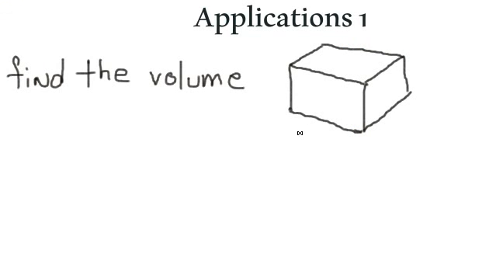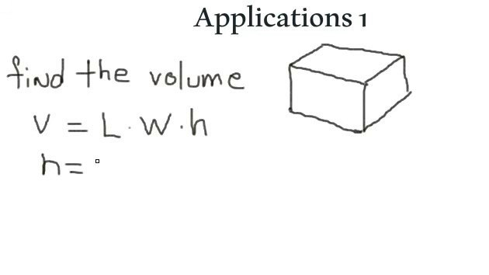Okay, so I've kind of sketched out a box here. Not exactly the best sketch ever. And we're looking to find the volume. So the volume is equal to length times width times height. Now they give us a couple of these numbers and then they give us a relationship. Let's write down what they give us.